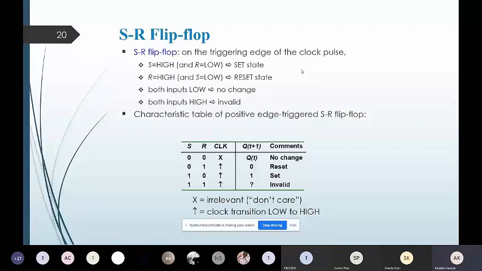But the basic difference between the flip-flop and latch lies in the triggering method and the control signal name. Latches have a control signal named enable or gated input, while flip-flops have a control signal named clock. Again, latches are level-triggered memory elements, while flip-flops are edge-triggered memory elements.